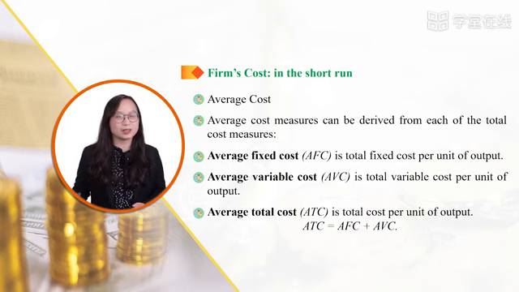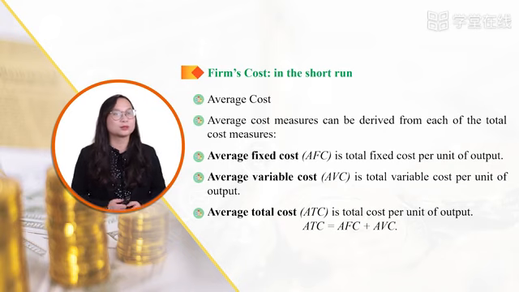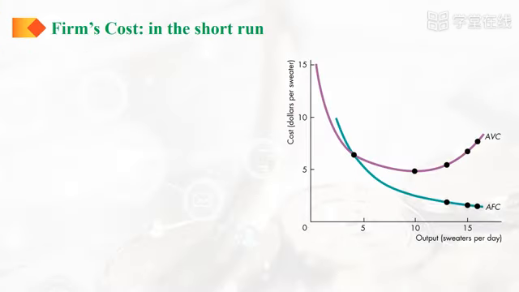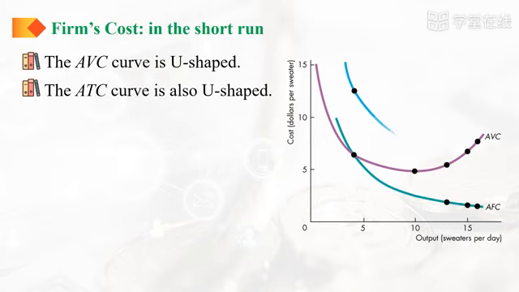Average total cost, ATC, is the total cost per unit of output. The figure shows the marginal cost, average fixed cost, average variable cost, and average total cost curves.